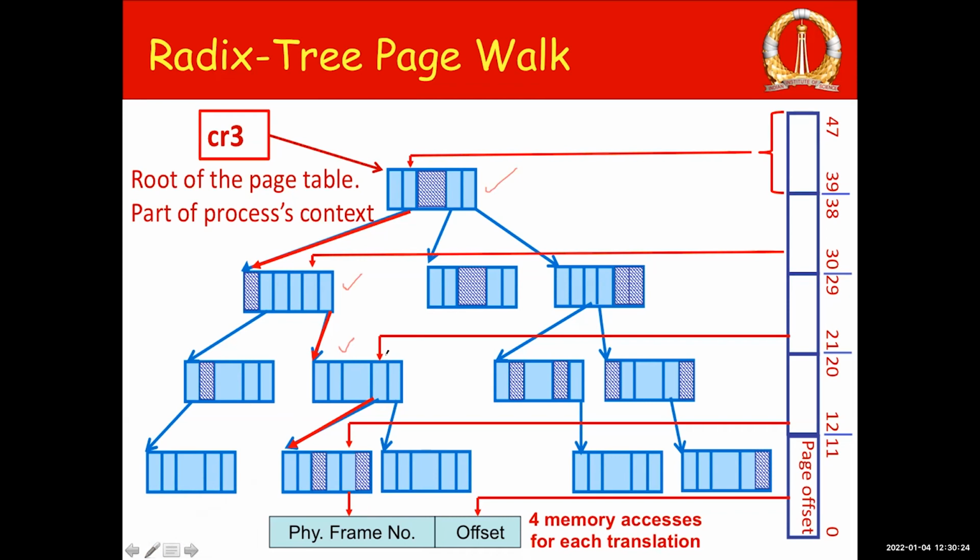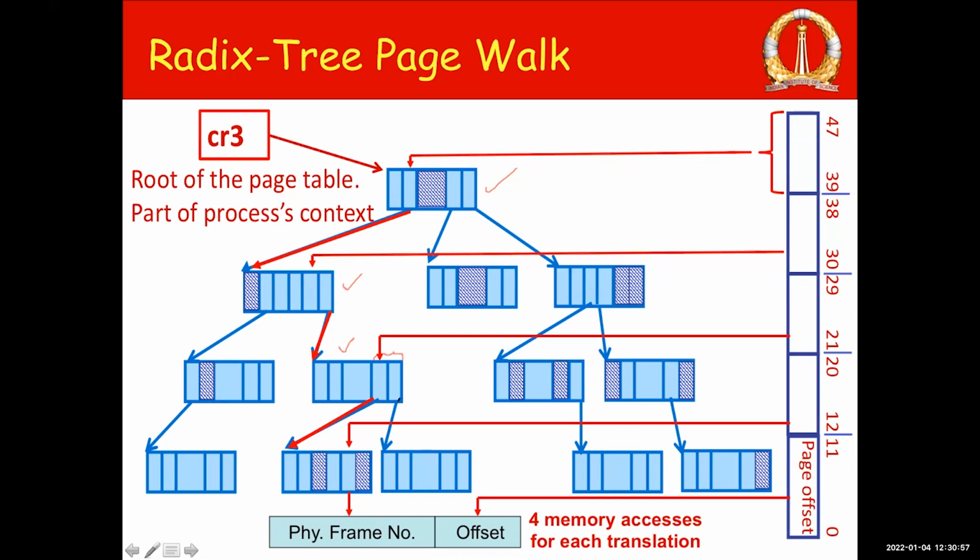When you brought this 8 bytes to access, you would have brought it into the cache, and along with that, you would have brought the adjacent 32 bytes, which means maybe you brought a set of 4 entries into the cache, which may be there in your L1, L2, or L3 cache.